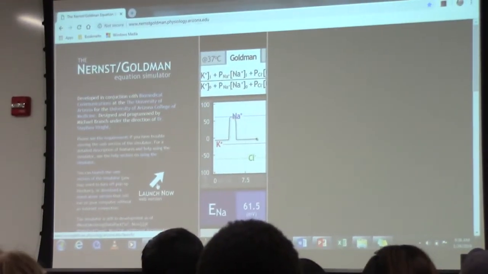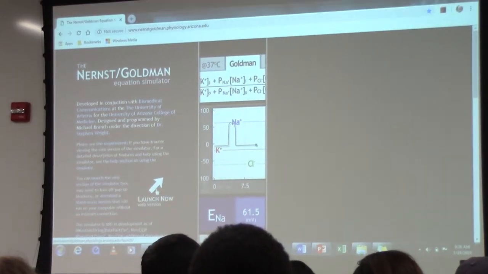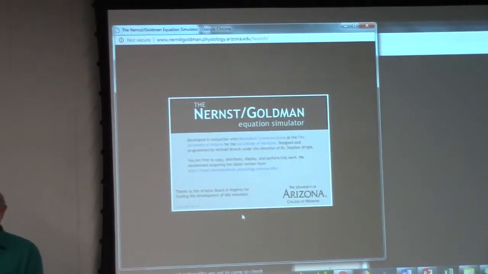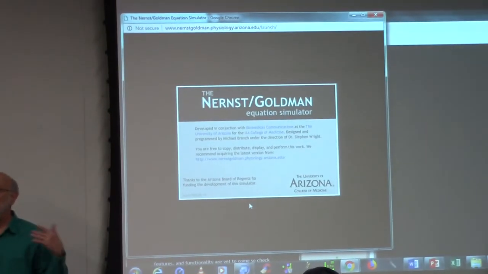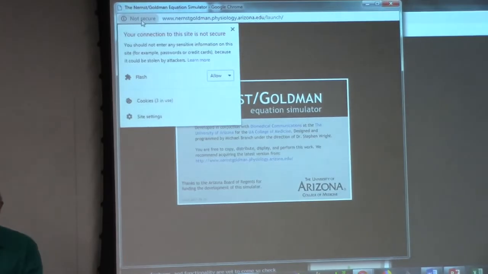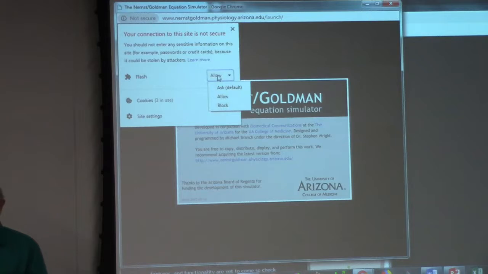If you press the Launch Now button, it might give you an error. It might just do this, because I've cleared the error. If it gives you an error, go to the Not Secure button and allow it to run. And you might have to allow it to play Flash.